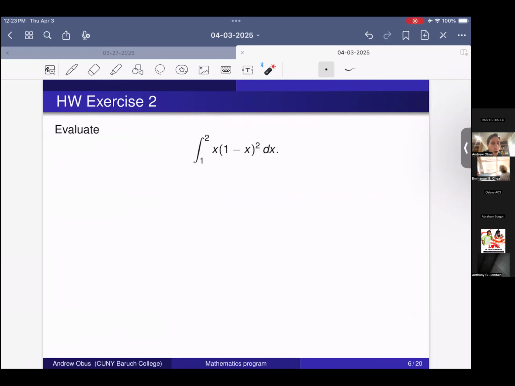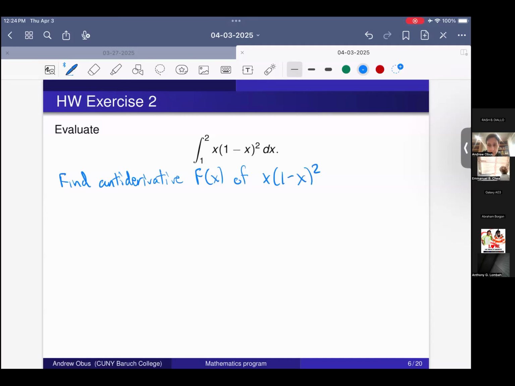All this means is we need to calculate an antiderivative of this function, and then evaluate it at 2 and at 1 and subtract. So the first thing is we want to find an antiderivative, which I'll call F of x, of x times 1 minus x squared.